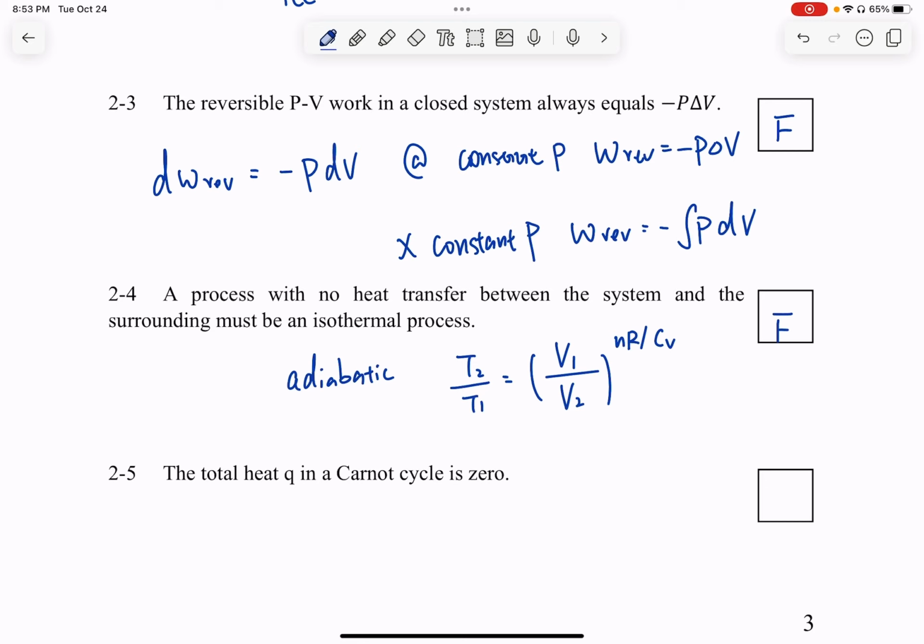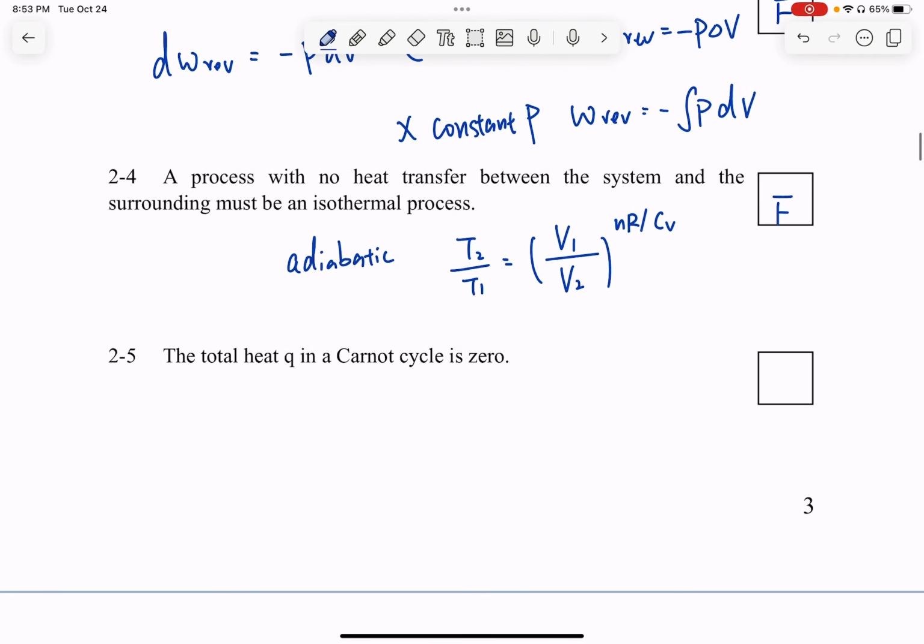It's okay even if you don't know this expression. Just know an adiabatic process is different from an isothermal process. The total heat in the Carnot cycle is zero. This one is definitely wrong because heat is not a state function.